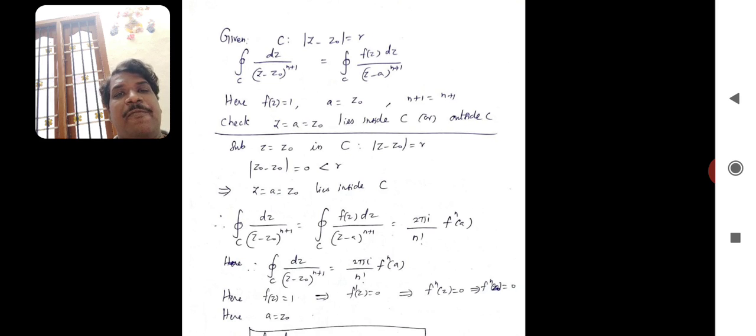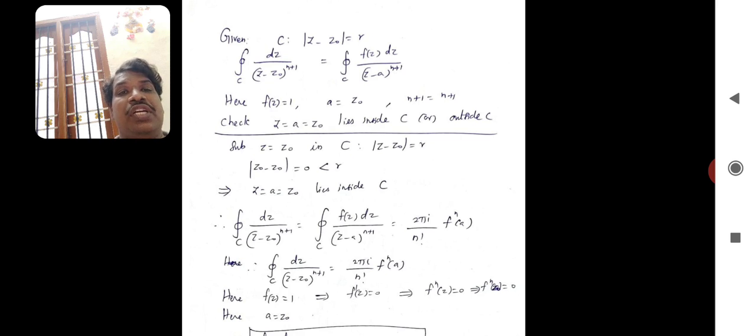Now in the next step, I want to confirm whether z equal to z0 lies inside the given closed curve or outside the given closed curve. So to check that, we are going to substitute the z value as z0 in the given closed curve C, that is, on the left hand side of the circle equation. After substituting z equal to z0, the left hand side of the circle equation becomes modulus of z0 minus z0, which is 0.